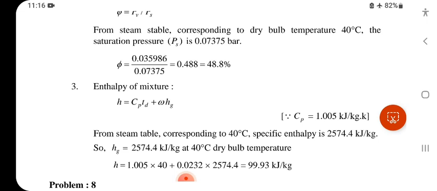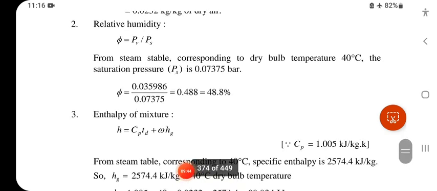The Cp value is 1.005 into dry bulb temperature 40 degrees Celsius plus omega, that is called specific humidity value 0.0232, into Hg, enthalpy at gaseous state at 40 degrees Celsius dry bulb temperature, 2574.4. The enthalpy of the mixture H value is 99.93 kilojoules per kilogram.